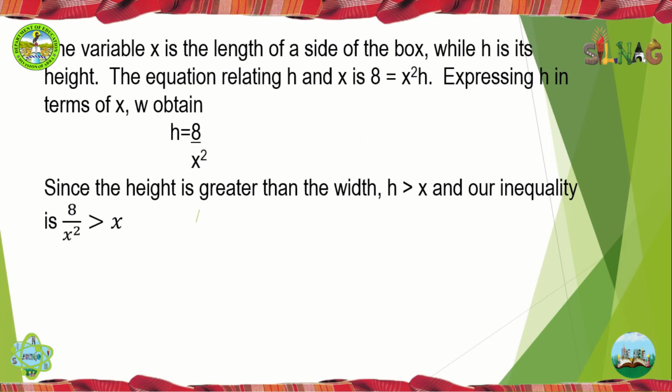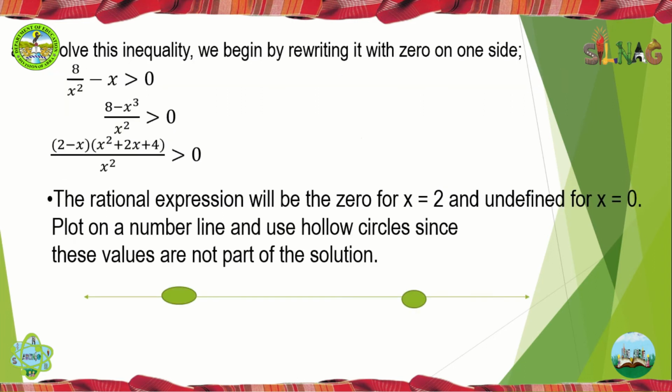Since the height is greater than the width, h is greater than x and our inequality will be 8 over x squared is greater than x. To solve this inequality, we begin by rewriting it with 0 on one side.